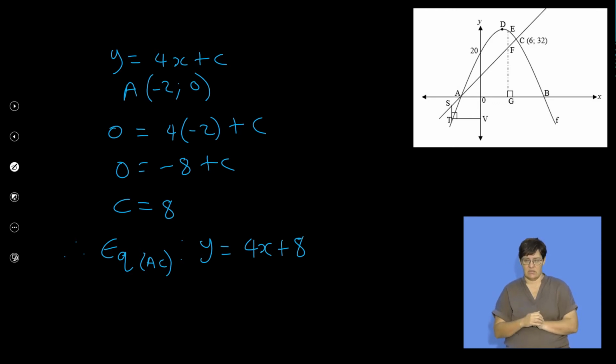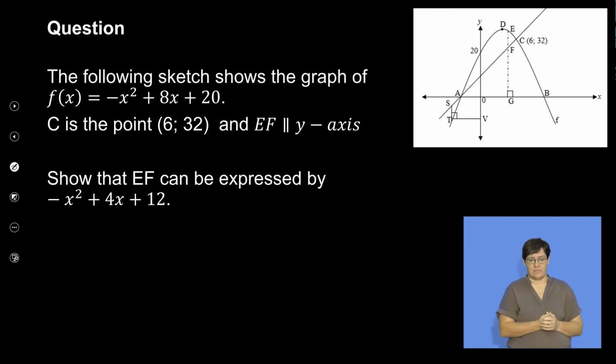You don't really want to write it as g of x or anything, although I had said that, because they did not specifically say that you must leave it in that particular form. Now, this one says we must show that EF can be expressed by that.